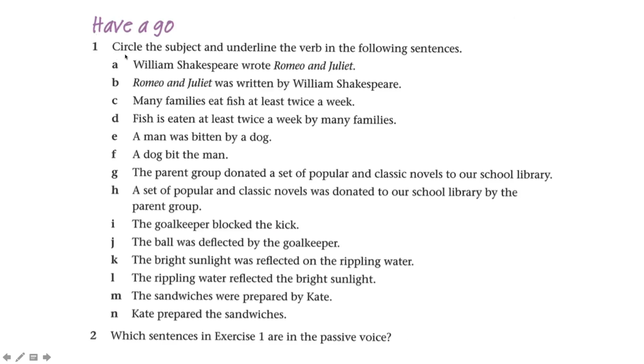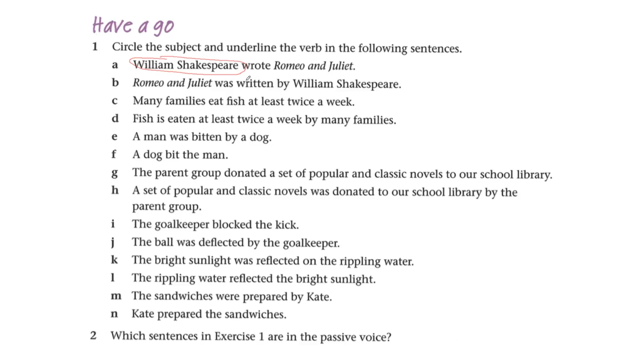In this first one here, circle the subject and underline the verb in the sentences. So we're going back to some of those key words from our explanation. And if we have a look here, all we need to do is look for the subject. And in this first one, William Shakespeare wrote Romeo and Juliet. William Shakespeare is performing the action.